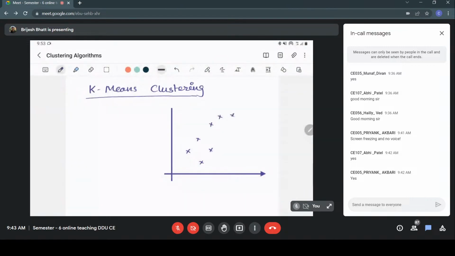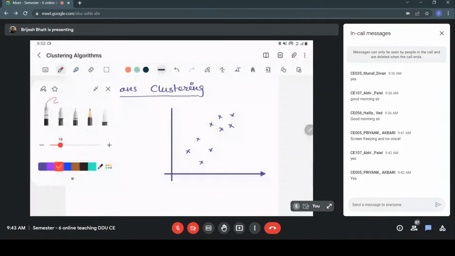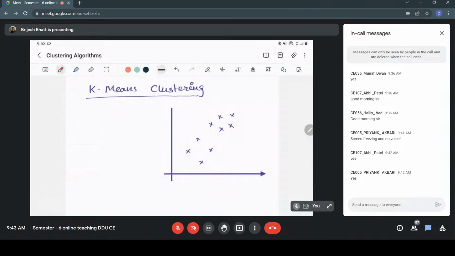For example, in k-means clustering, we start with any two random cluster heads. So first thing we do is we decide the total number of clusters that we want to create, which is decided a priori or known in advance.